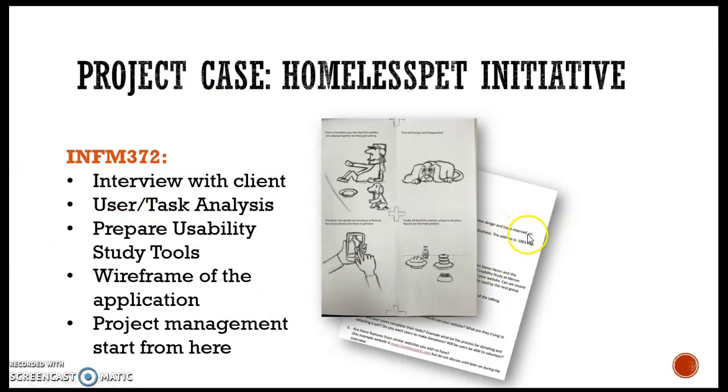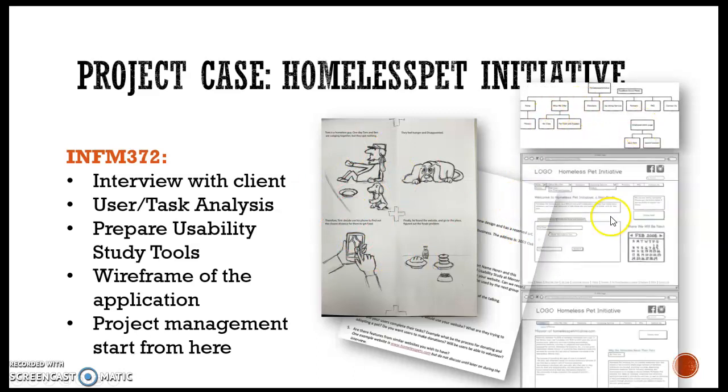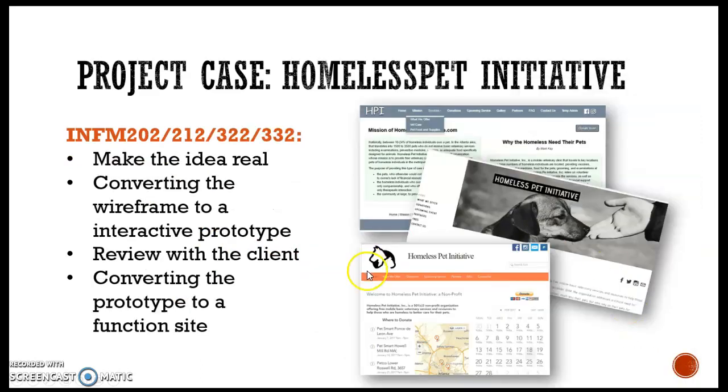This is the interview script, and this is the storyboard, and the scenario storyboard, and then this is the structure of the site, and then this is a prototype. At the end of the course, you're going to get different versions of the prototype tested and then confirmed by the client.